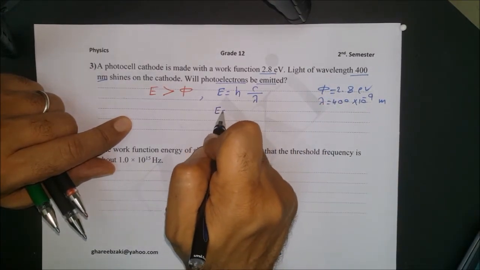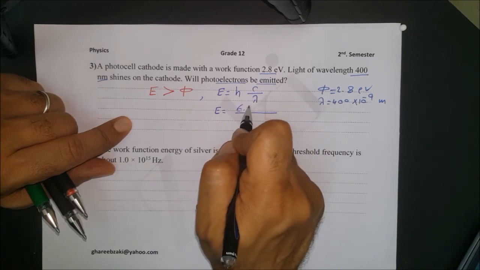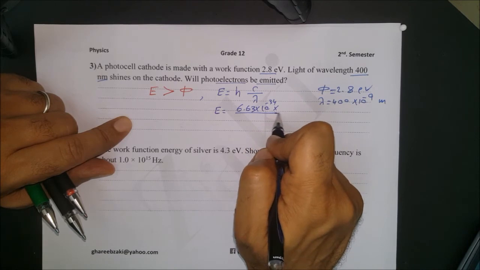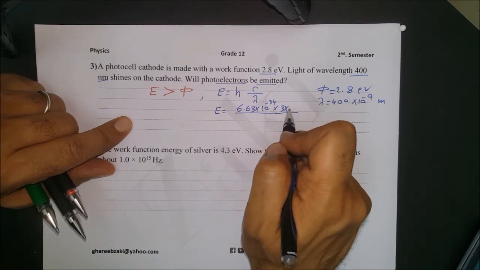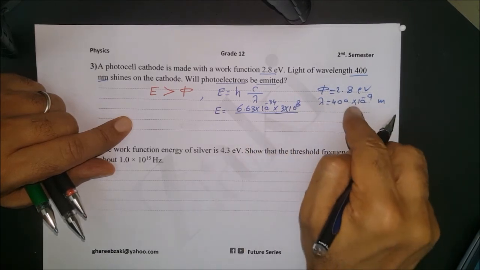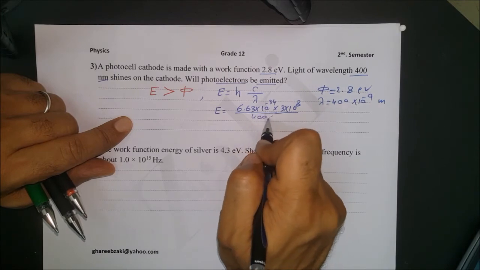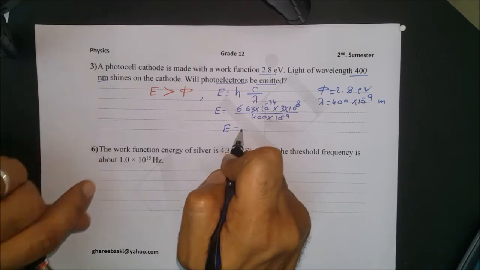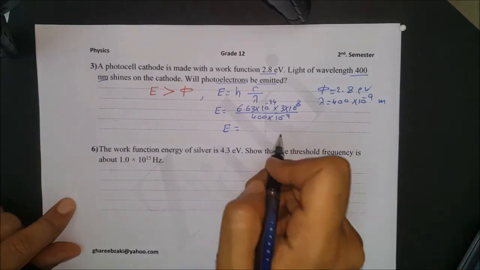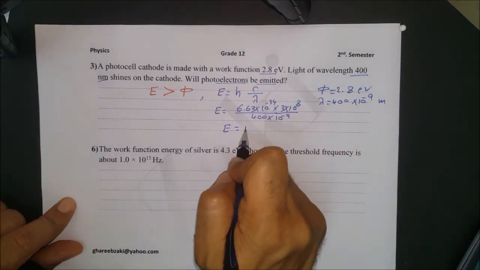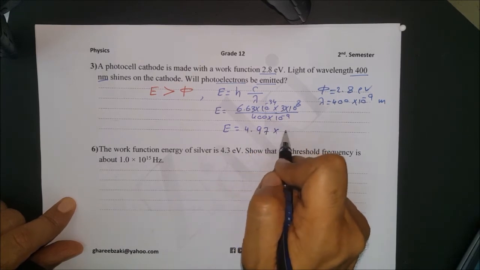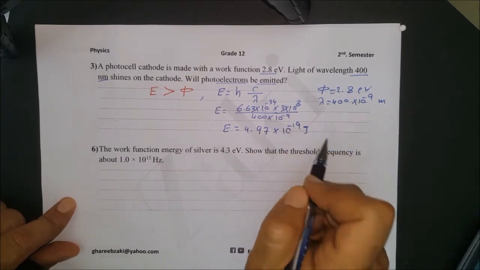So the energy equals h, 6.63 times 10 power negative 34, multiply c, speed of light, 3 times 10 power 8, divided by lambda in meter, 400 multiply 10 power negative 9. By using the calculator, it becomes 4.97 multiply 10 power negative 19 joule.